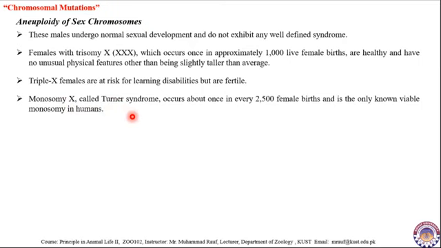Now why have they designated these syndromes as Down syndrome, Turner syndrome and Klinefelter syndrome? It is because these names signify the fact that these conditions were for the first time reported by those scientists. So Down, Turner and Klinefelter are the names of the scientists who for the first time reported those conditions.